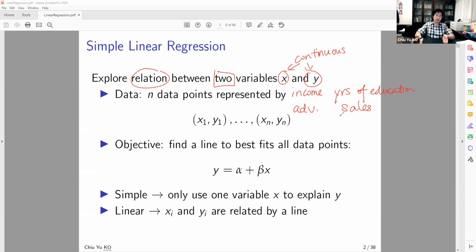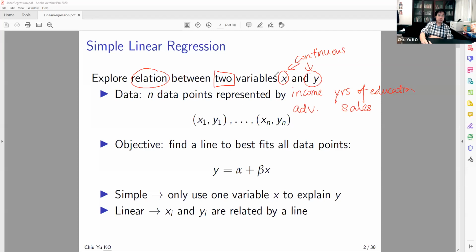Maybe you can estimate how sales are affected by advertising in newspaper, TV, and then see where, if you have additional money to spend, on newspaper or radio or TV, or internet.